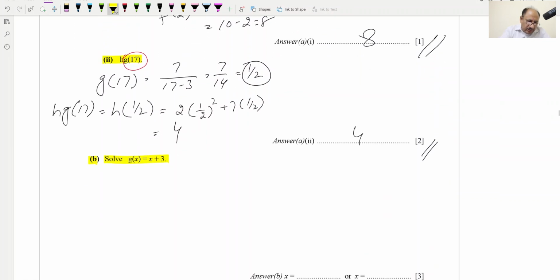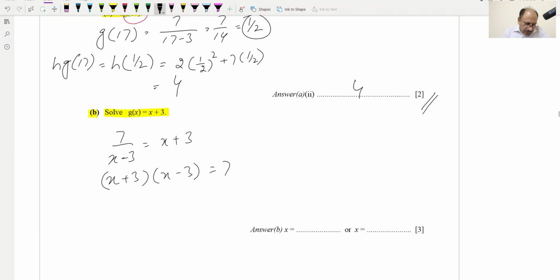So we can write here 7 over x minus 3 is equal to x plus 3, and we can cross multiply, so it will be x plus 3 into x minus 3 is equal to 7, and we can multiply, this will be x squared minus 3x plus 3x minus 9 is equal to 7. We have multiplied these two terms.